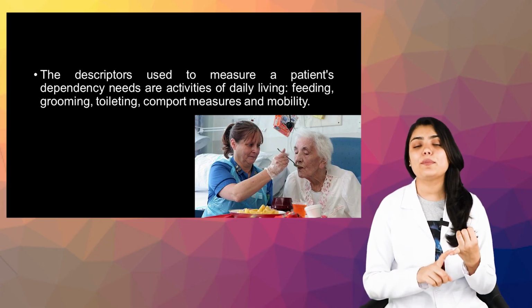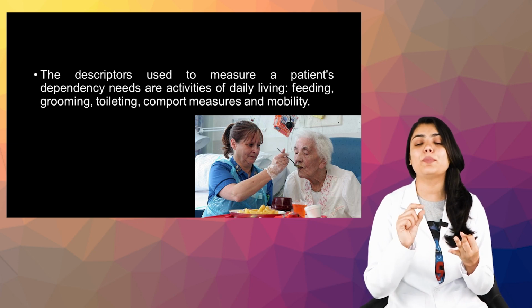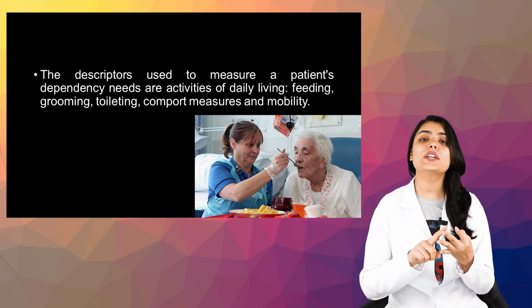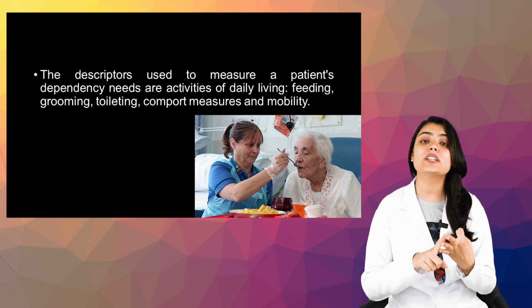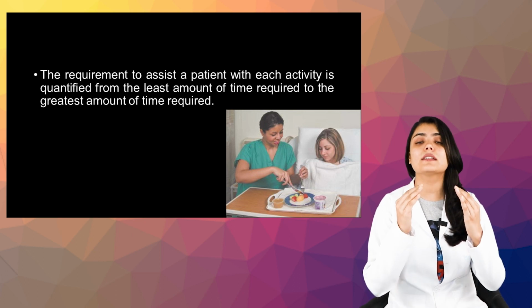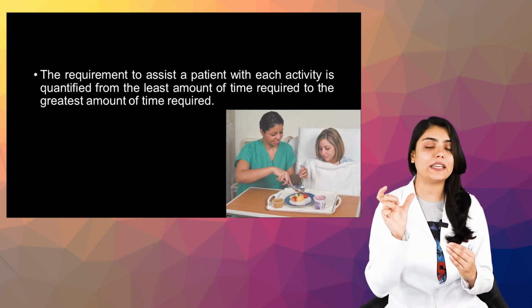The first one can be patient feeds oneself, which means the patient is able to feed themselves. The second one can be the patient requires a little assistance from the nurse. The third one can be the patient is majorly dependent on the nurse, and the last one can be tube feeding. So these are the sub-elements of the major element or descriptor, feeding.